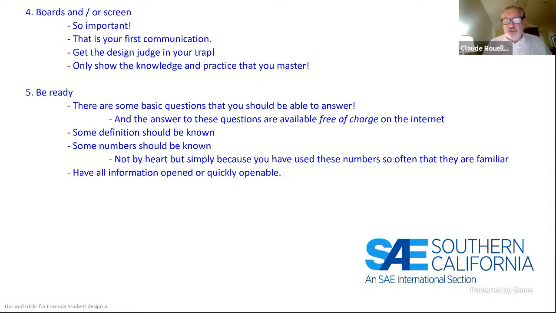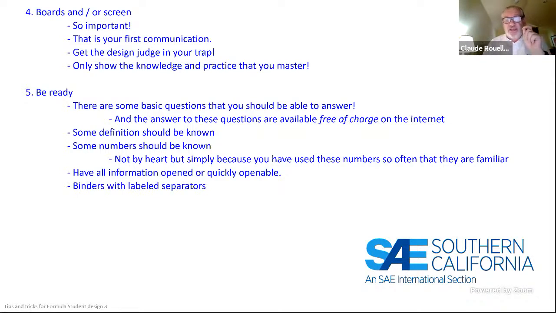Have all the information open or quickly openable, okay? So, for example, I ask you, show me your CAD or show me your data acquisition. And the guy is starting to boot his laptop, open the software, which is 2 minutes stupidly lost.